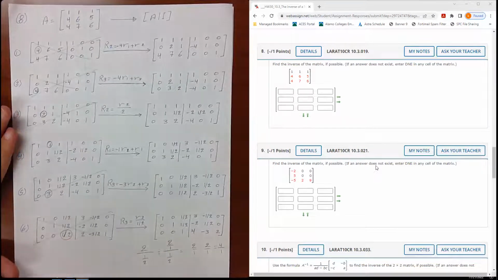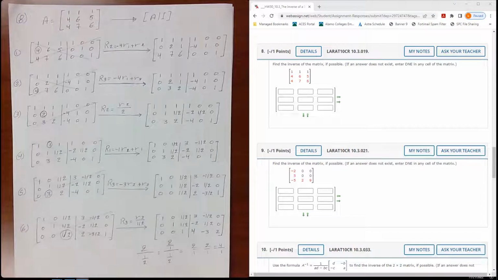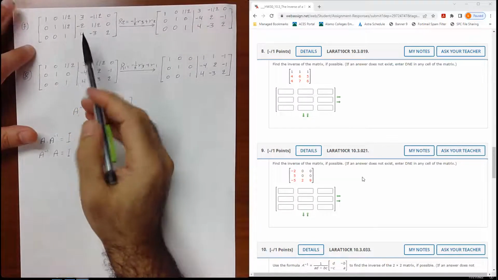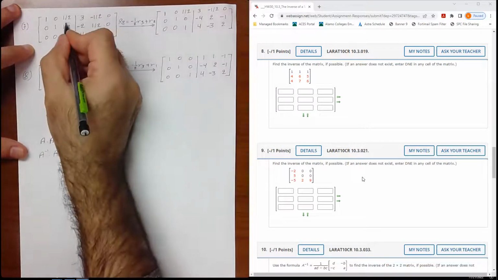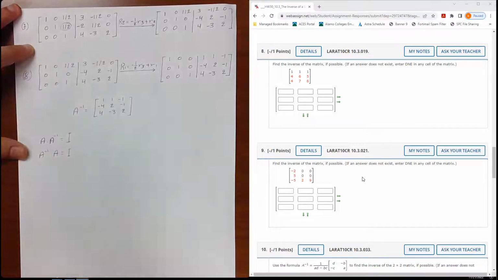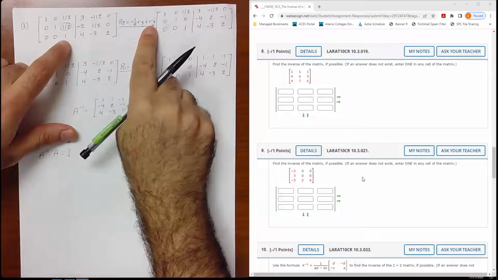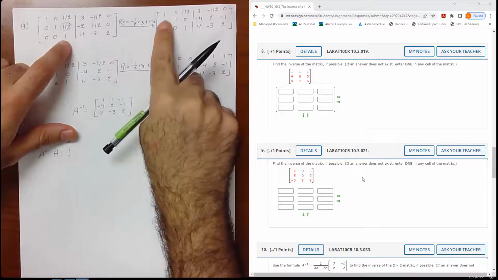I need to do 2 more steps to get the identity matrix here. So here is the last step we have. Now I need to convert this number to 0. So I'm going to multiply R3 by -½ and add it to R2. The change is going to be on R2.